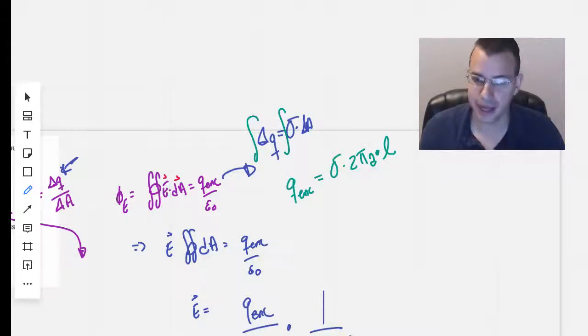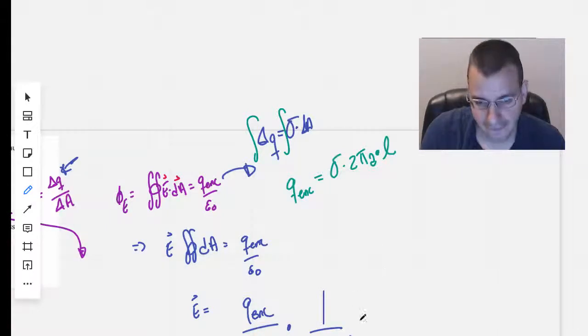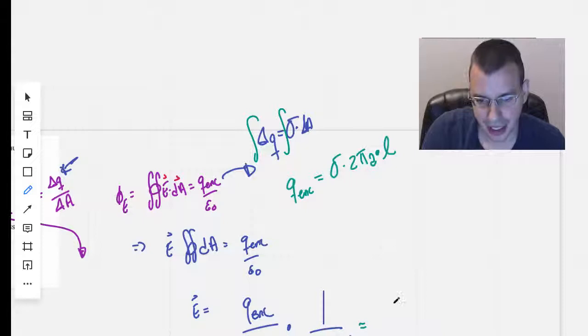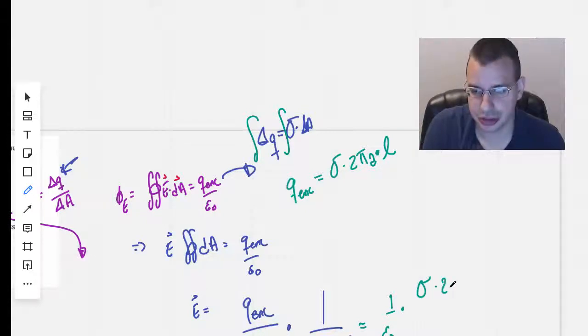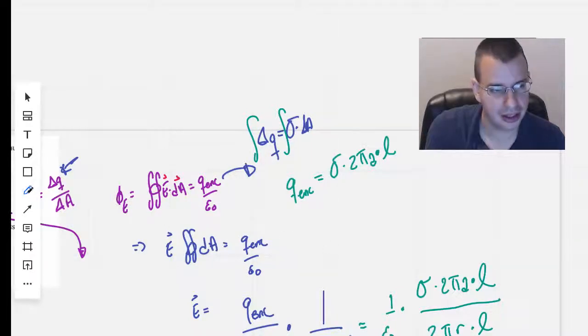So it'll be the same format as our Gaussian shell, which was smaller and inside, but the radius will be bigger. So we have 1 over epsilon naught times sigma, surface charge density, times 2 pi a, that's the bigger radius, times length, which we're assuming is about infinite, over 2 pi r, where r is less than a, times the same infinite length.